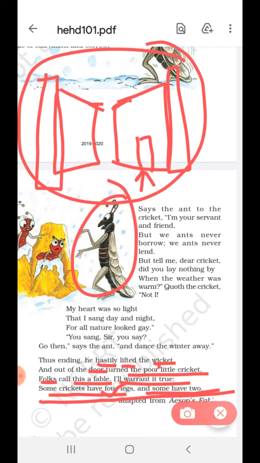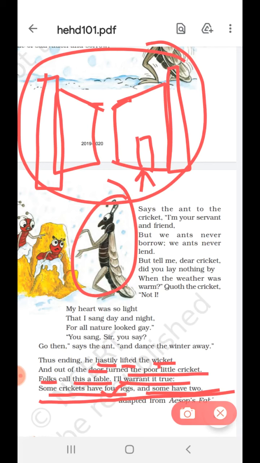So if we are silly enough like the cricket, we will also end up starved and disappointed. Clear? So we should always think ahead and save for the future. We should not think that every day will be the same, because you can see the fingers of your hand are not equal. It is a very famous proverb that the 5 fingers are not the same.